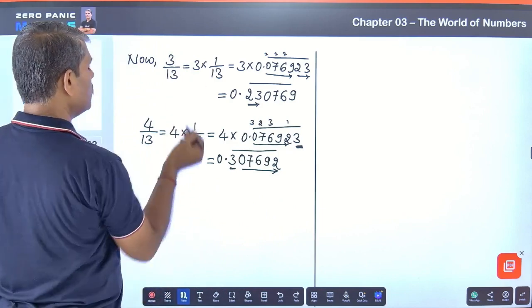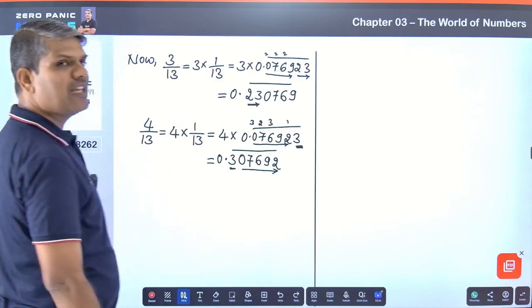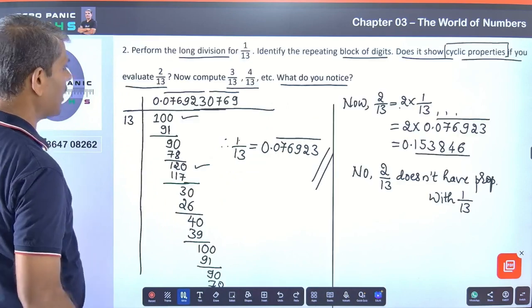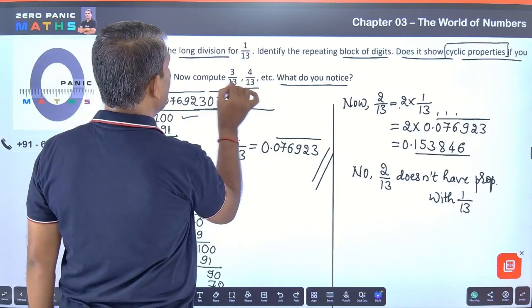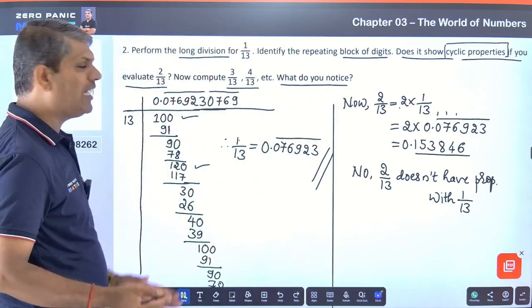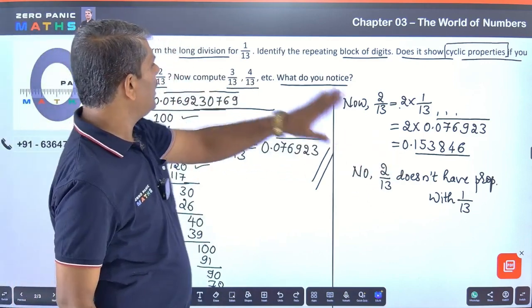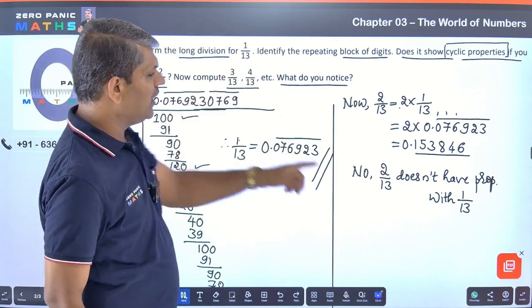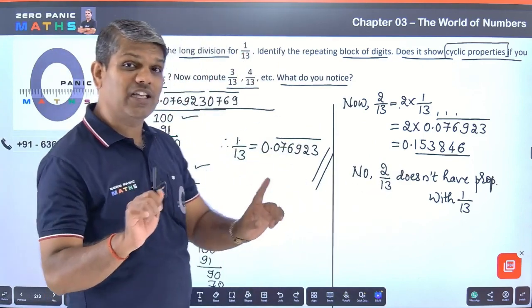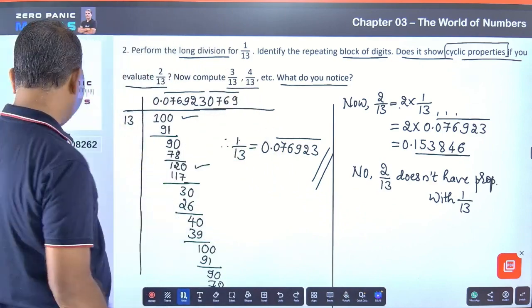So again you observe that 3 by 13 and 4 by 13 both possess the cyclic property, and that is what is required here. They are asking, after computing 3 by 13 and 4 by 13, what do you notice? We notice that 3 by 13 and 4 by 13 possess a cyclic property with 1 by 13, unlike 2 by 13. 2 by 13 does not do that, but 3 by 13 and 4 by 13 have a cyclic property.